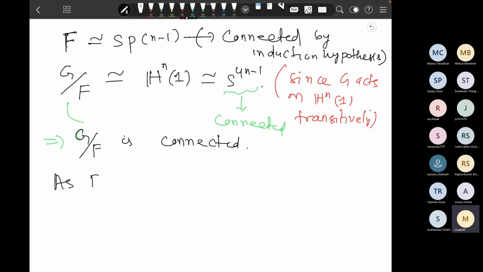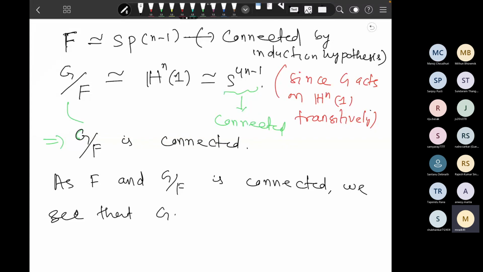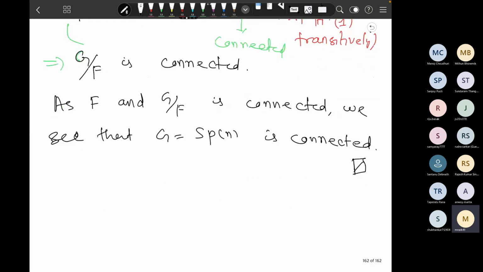Now as F and G by F are connected, we see that G is equal to SP_n is connected. And this finishes the proof. And I have told you that in the manifold setup, connectedness and path connectedness are equivalent. So that is the thing.